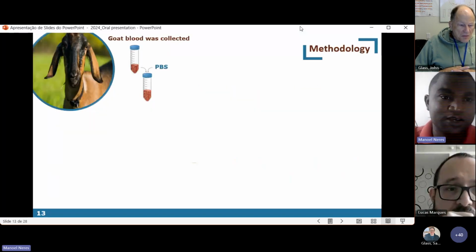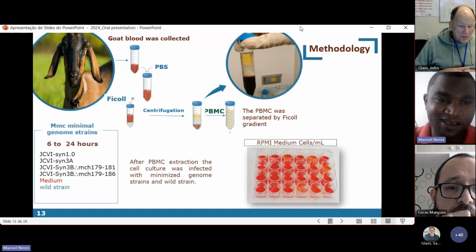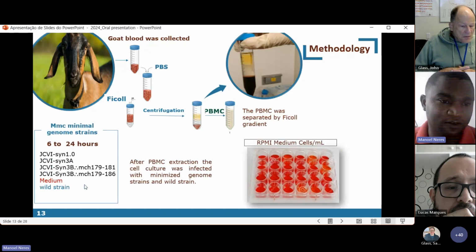For this, goat's blood was collected. After that, the PBMC was separated by Ficoll gradient, and after the PBMC extraction, the cell culture was infected with synthetic genome strains and the wild strain. We have been using all of these strains that we are talking about.